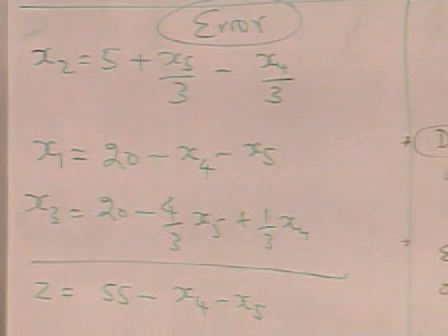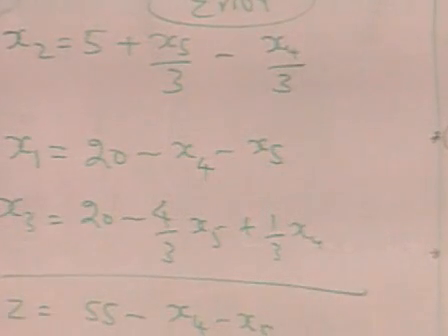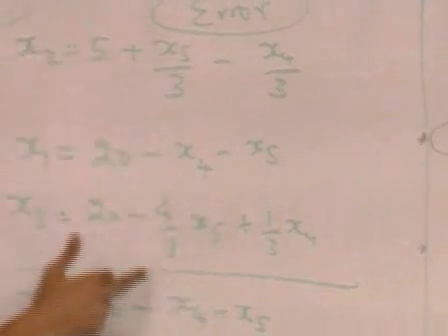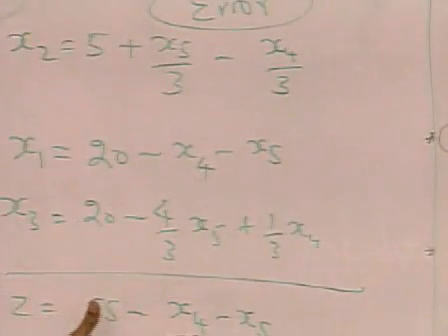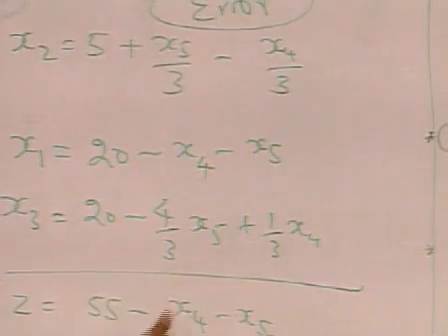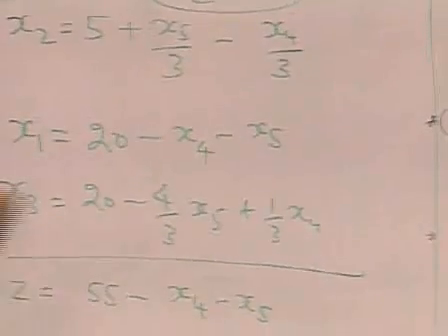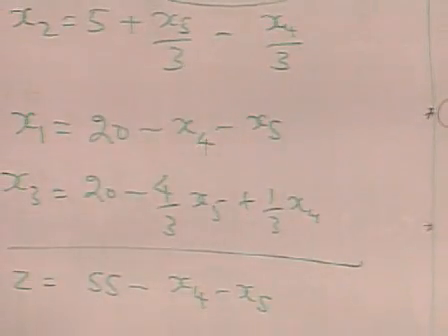Well, it certainly says that if this is the problem that I give you, suppose your problem is to maximize 55 minus x4 minus x5 subject to all of these, then clearly you would set x4 to 0, x5 to 0, and everything else is fine. For this particular problem, that is an optimal solution. That I agree.